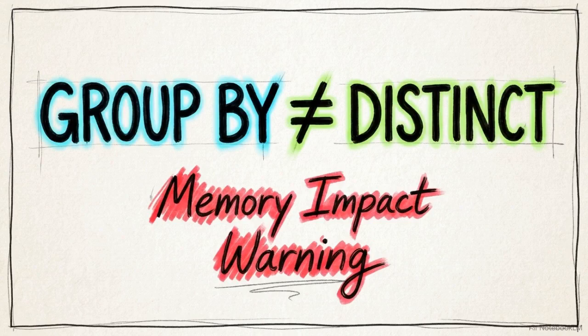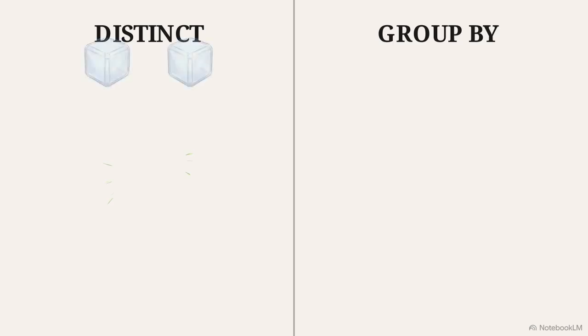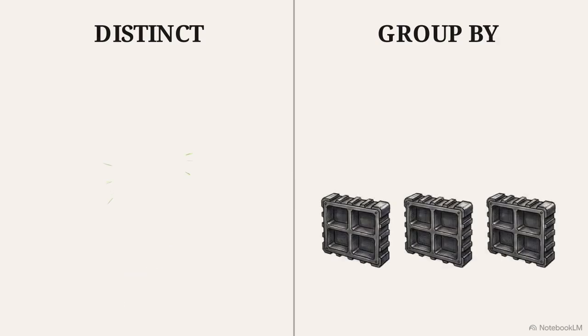Another habit that impacts memory usage is using group by and distinct interchangeably when the only goal is to deduplicate a list. This split screen shows the physical difference. On the left side, distinct performs a lightweight set-based operation. It executes a fast hash deduplication pass where identical rows merge instantly upon hitting a hash table. On the right side, the group by command executes a different engine task entirely.